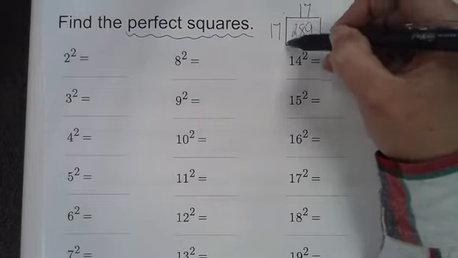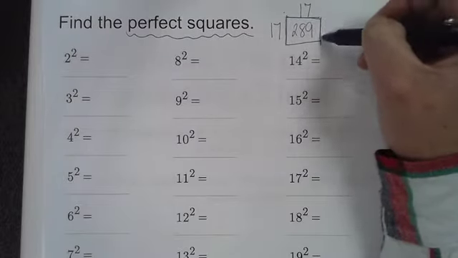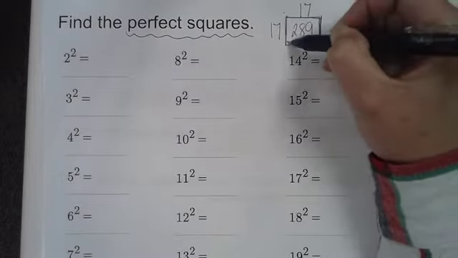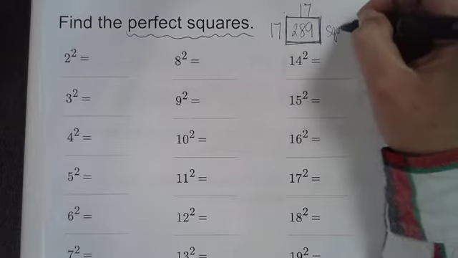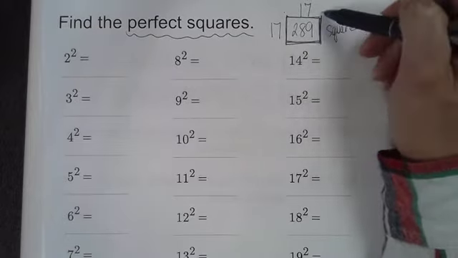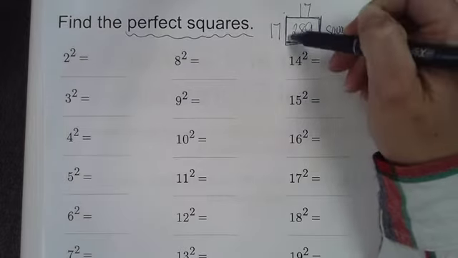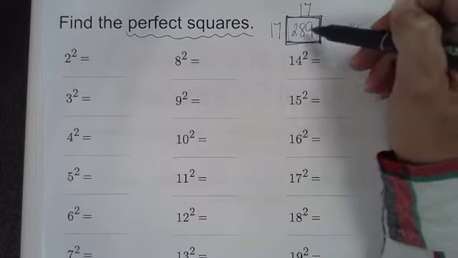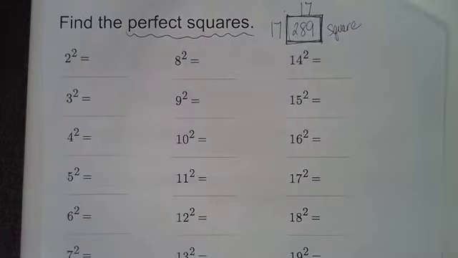Well, if it has a length of 17 and a width of 17, what shape is it? It is a square. And that's why 289 is called a perfect square. So this number is a perfect square in shape.